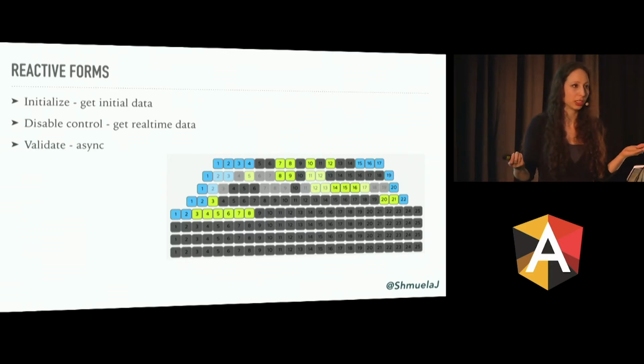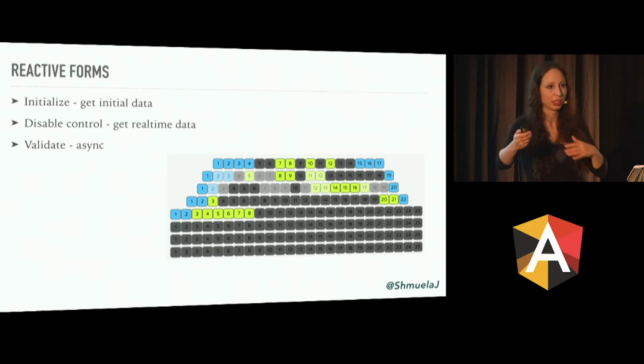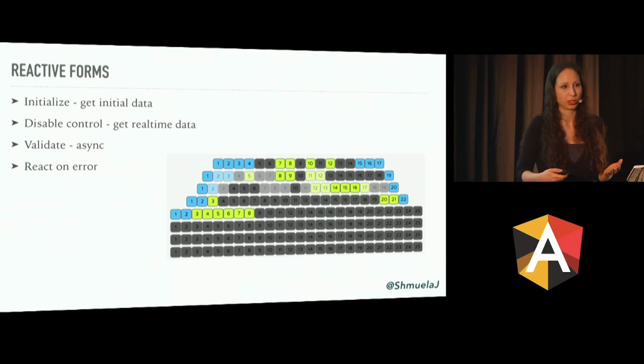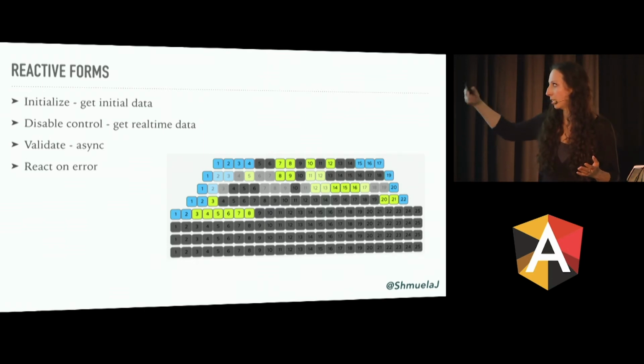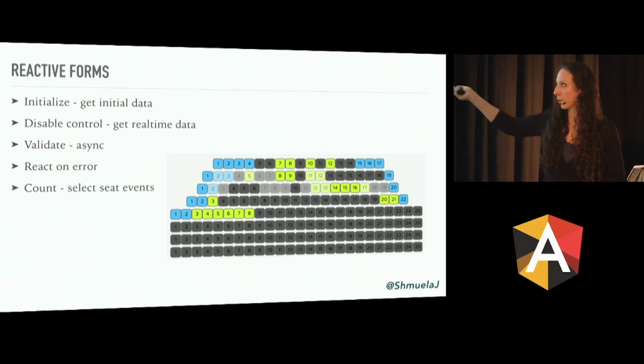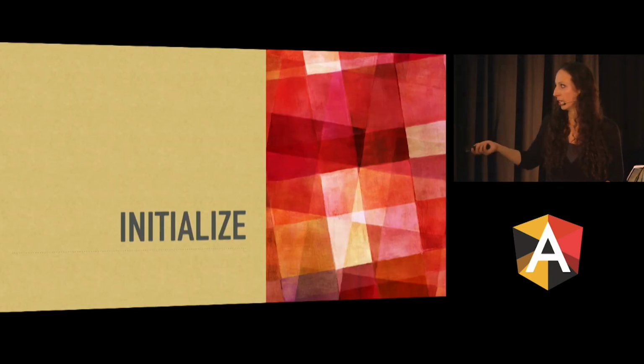Async validations, so I'm returning an observable whether there's an error or not. Reacting on the error: there's an error, and now we need to disable the control, show an error message, and also unselect this control. So all of this I'm doing with streams, and we can also count how many seats we've selected.